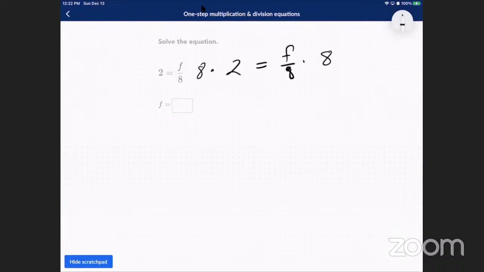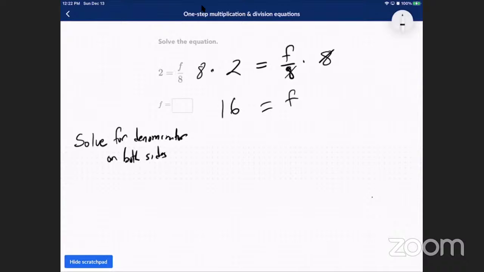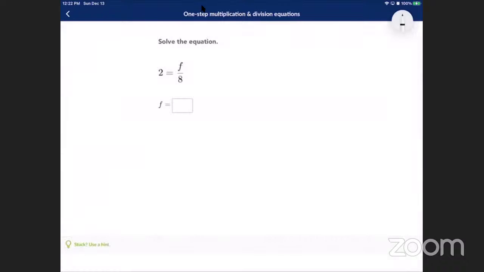This is just like solving for the denominator on both sides. Then you would cancel those out, the 8s on the f side, and you would have 16 here, because 8 times 2 is 16, and then 16 equals f. We can put 16 here.